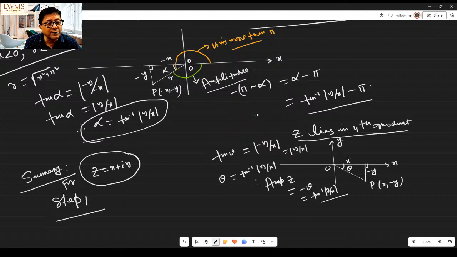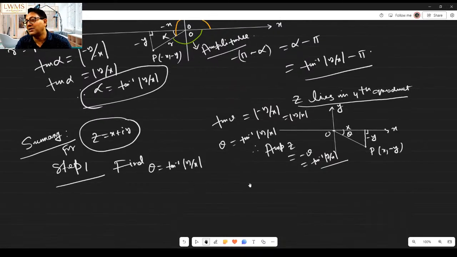What is step 1? Find theta equal to tan inverse mod y by x. Isn't it? Find this thing, theta equal to tan inverse mod y by x.